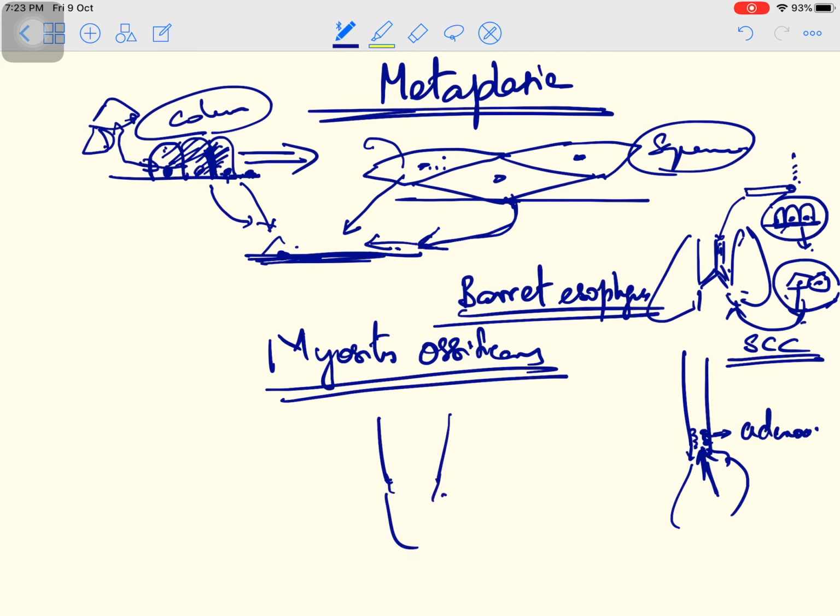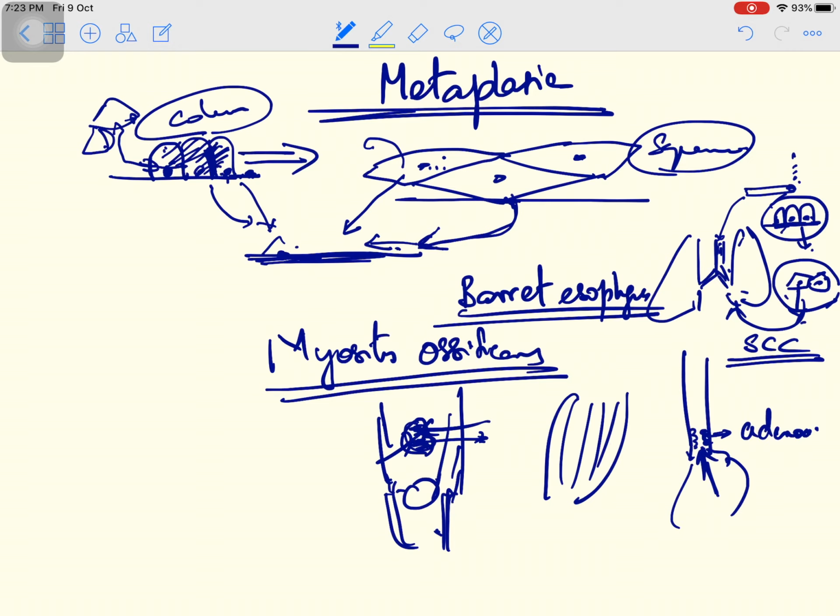Suppose this is your leg, and there is intramuscular hemorrhage due to some trauma. Due to this insult there can be bone formation within the skeletal muscle.